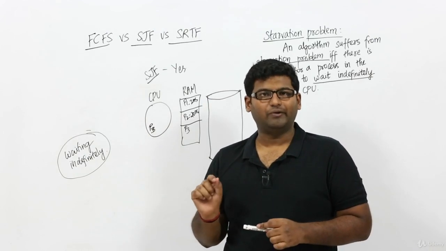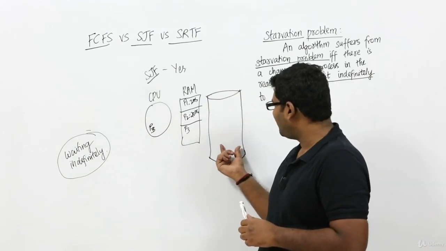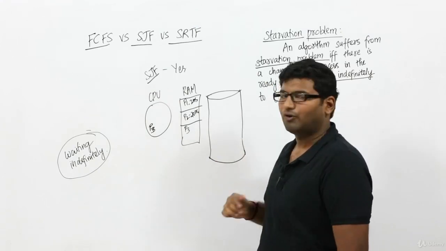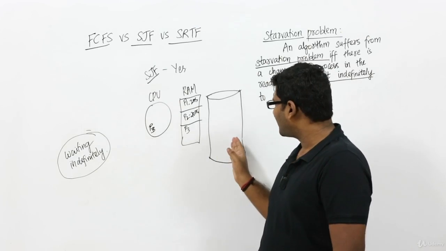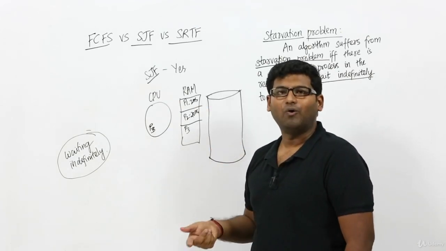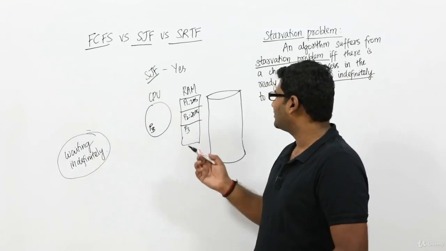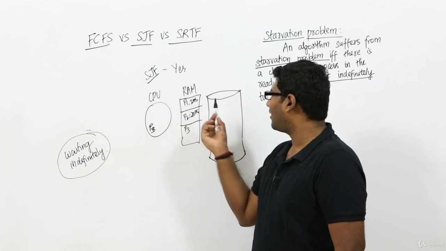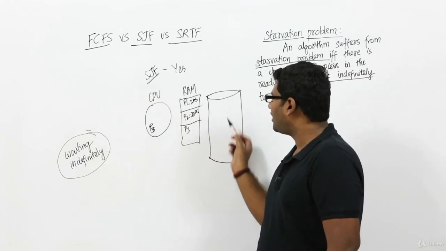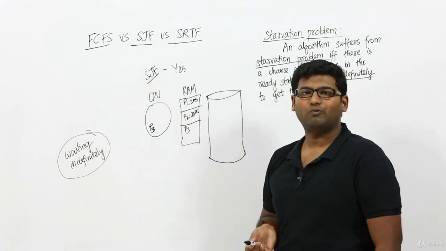So some processes will always be automatically created inside the hard disk, and those processes will keep on moving into the RAM at some point in time. Our assumption is that before the completion of process P1, some higher priority process compared to P2 will come into the RAM, and that process will be scheduled, making P2 wait.